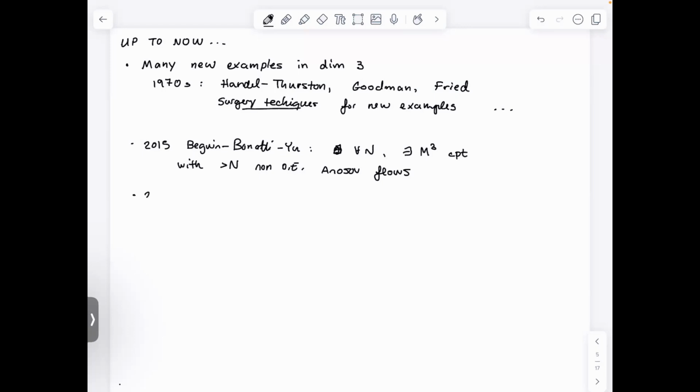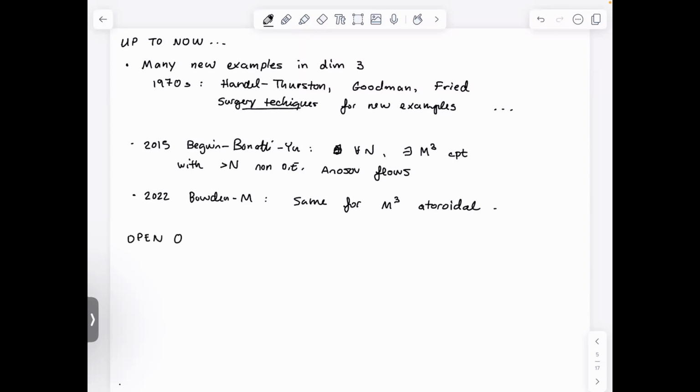And with Jonathan Bowden, around 2022, we did the same question for examples that are atoroidal, or admitting a hyperbolic structure. If you give me a number, I can produce a hyperbolic three-manifold with at least that number of pairwise non-orbit equivalent Anosov flows. In those examples, do you know that there are only finitely many?